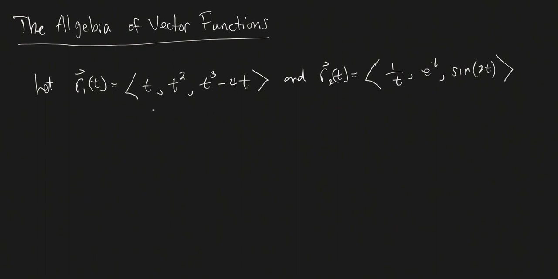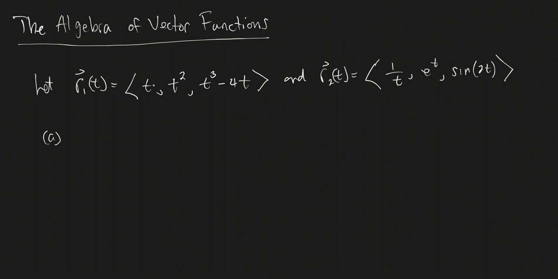All right, so we have two vector functions, and first let's note that these are not lines, right? The reason we know that these are not lines is simply because we have components that are non-linear.